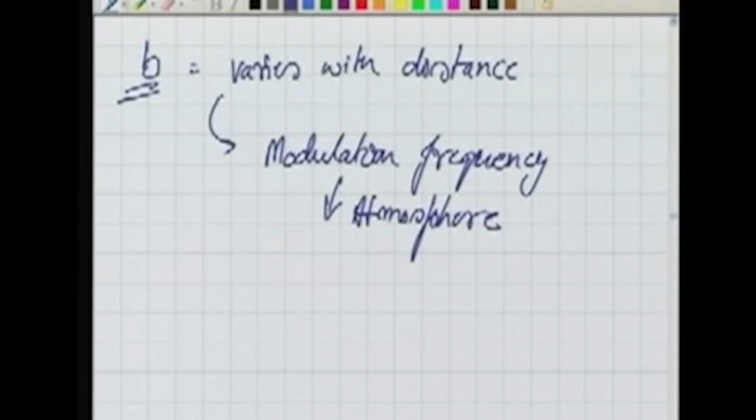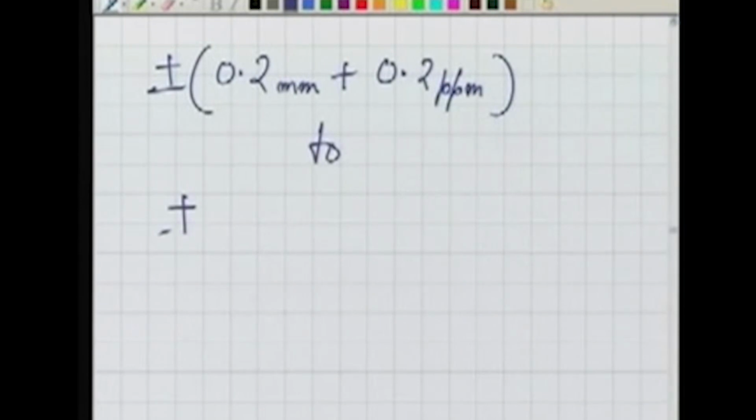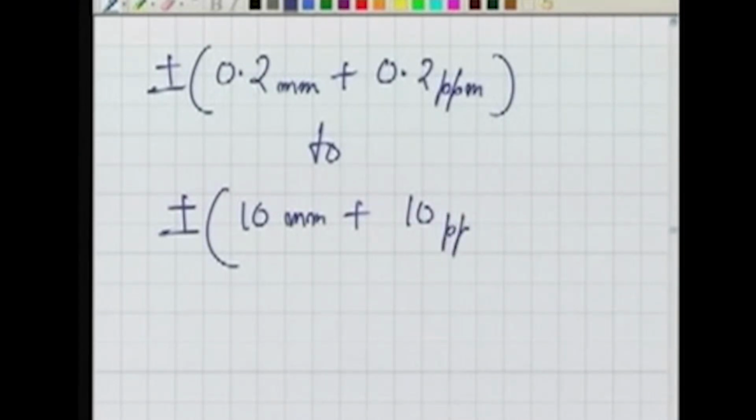Now generally what are these values? What kind of EDMIs do we get in the market? We get EDMIs from 0.2 millimeter plus 0.2 ppm to 10 millimeter plus 10 ppm.